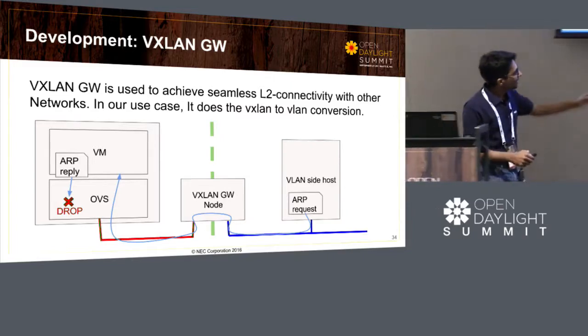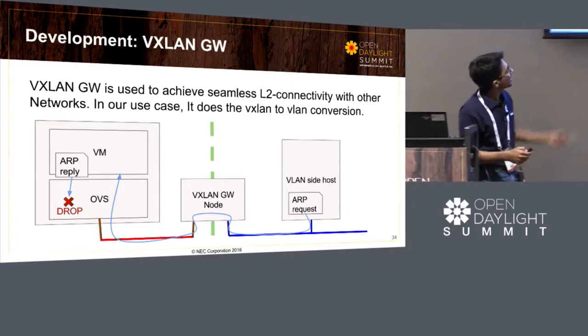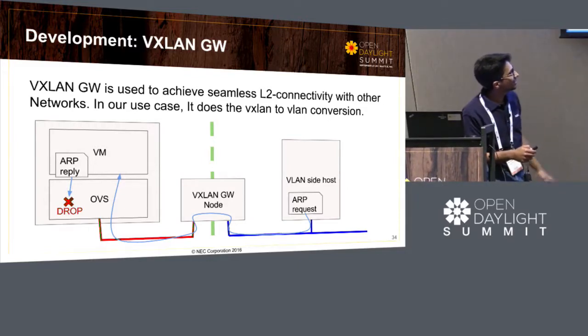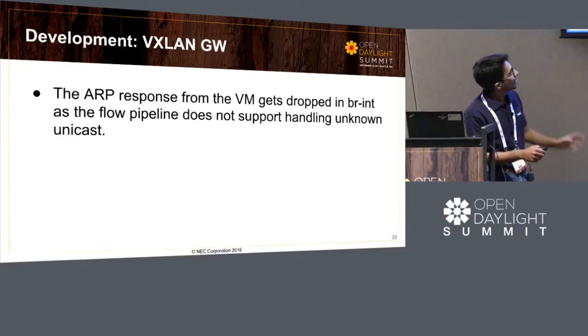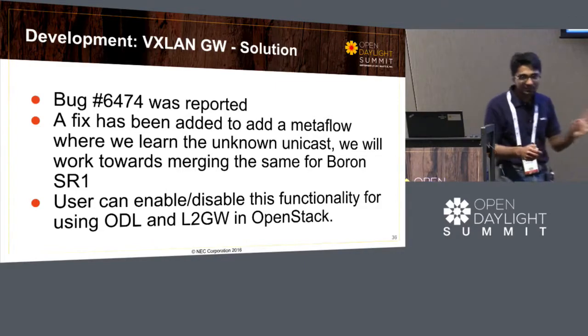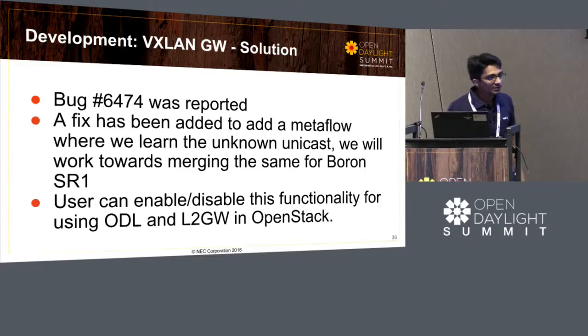When we tried this use case with the legacy network, we had a restriction: the ARP reply from the VM was getting dropped. To solve this, we created a bug report and reported that the unknown unicast had to be learned. Such a fix was done to the legacy network. This patch will also be available with Boron SR1.